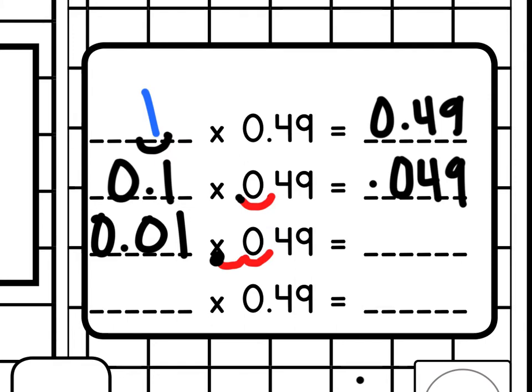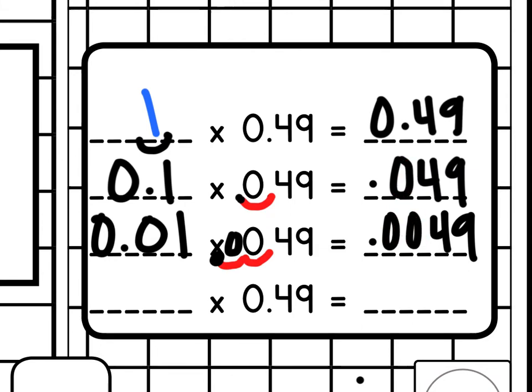There's our new decimal, and you'll notice we have another blank space right here. We will put a 0. So our number would be 0.0049.